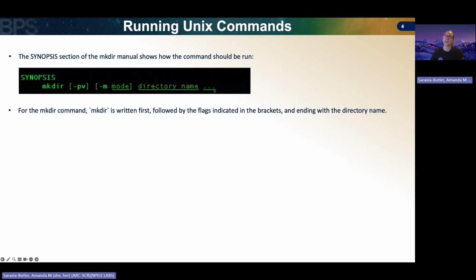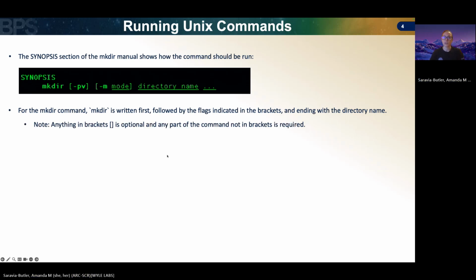This ... here means that you'll be able to make multiple directories with a single command by writing the directory name of each directory that you want to create, separated by spaces. I want you to note that anything in the brackets is going to be considered optional, and any part of the command not in brackets, such as the directory name here, is a required argument for this command.